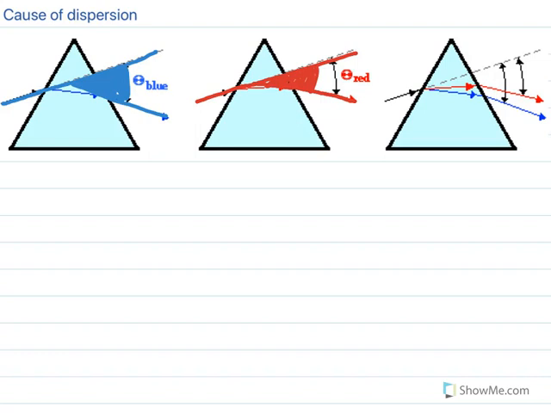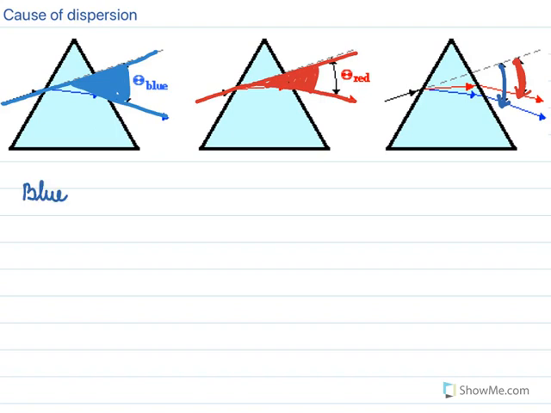If we put both the pictures together, we see here is the deviation of the red light, and this is the deviation of the blue light. So blue light deviates much more than the red light, and hence the different components now split up separately.